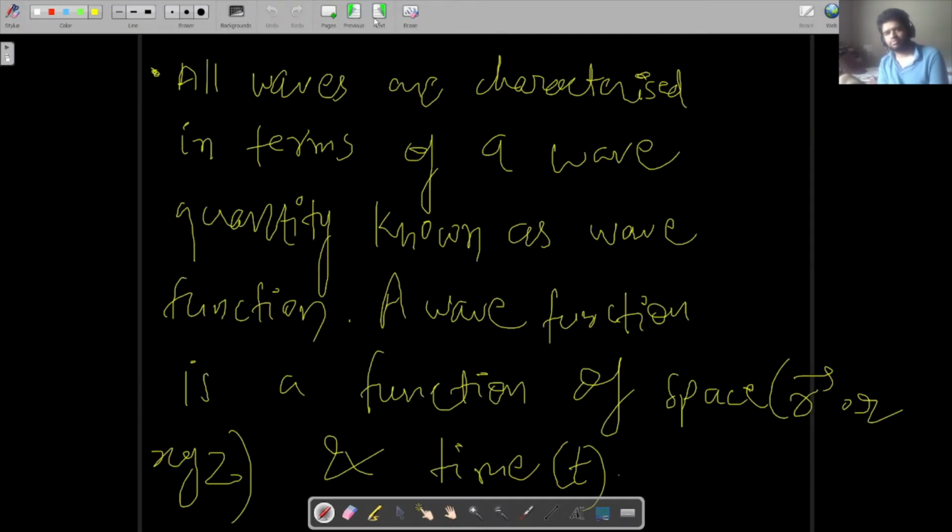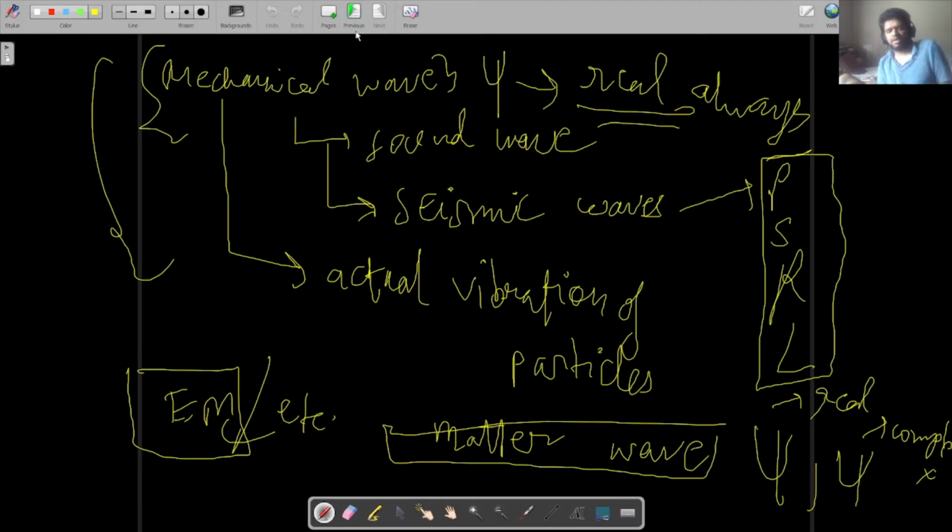So electromagnetic waves and matter waves may have a real wave function, or they may not have.